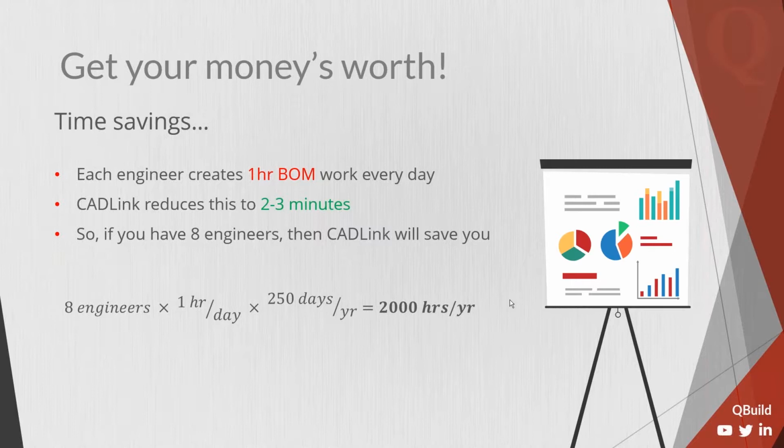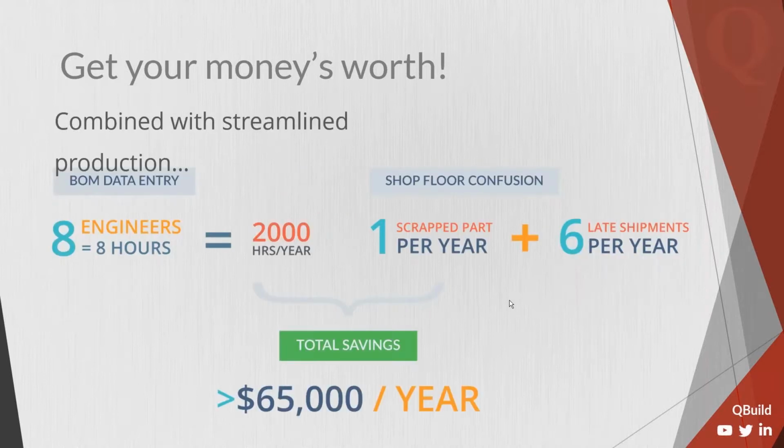You'd also be able to calculate this based on how much you think your engineers will spend on data entry a day, and then multiply that by the number of engineers on the team. So when we're talking about 2,000 hours per year, and then the potential of saving any shop floor confusion, mistakes in the bill of materials, we're talking about overall savings of even over $65,000 per year.